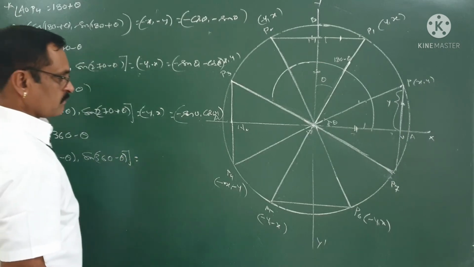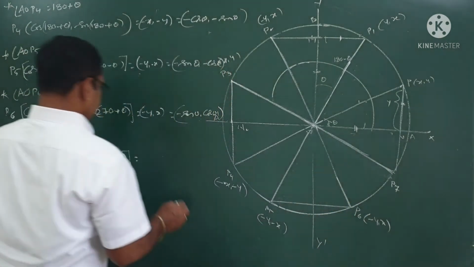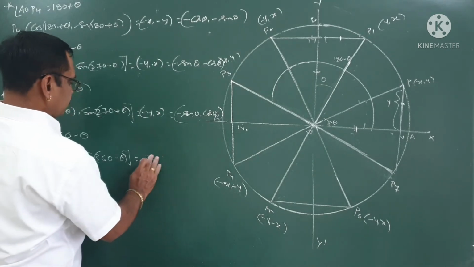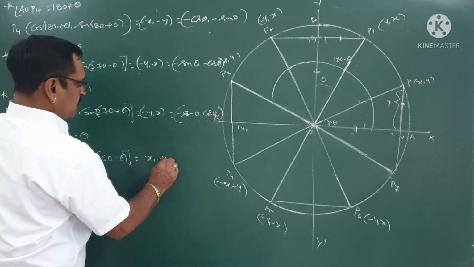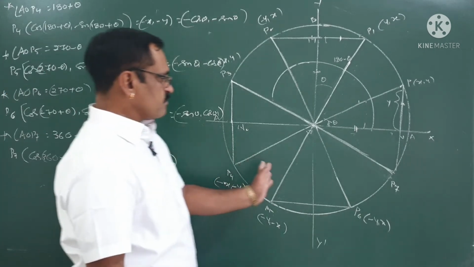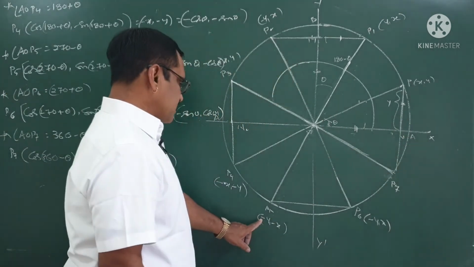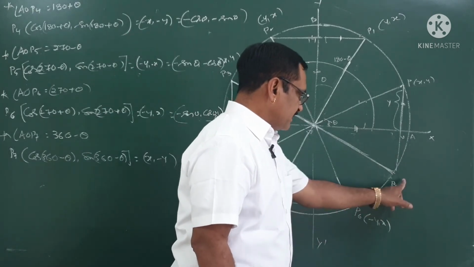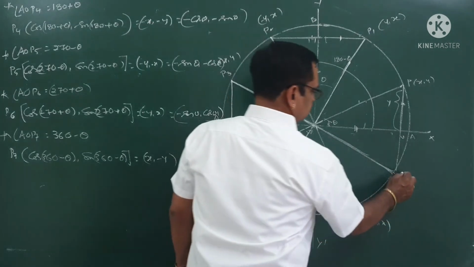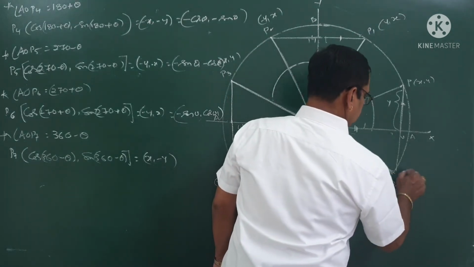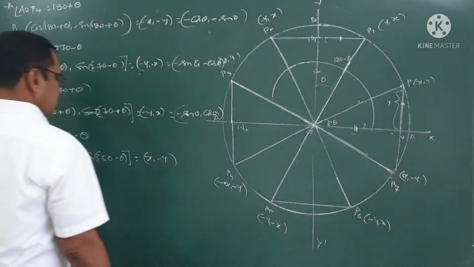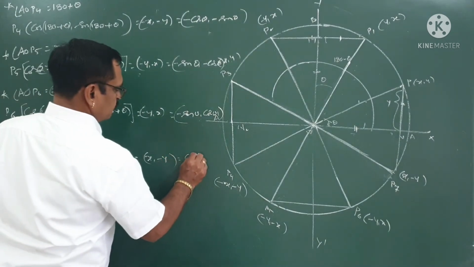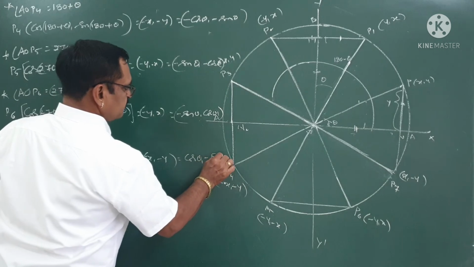This will become plus x comma minus y, because minus y comma x will become x comma minus y. So here x is cos of 360 minus theta, which is cos theta, and y is minus sin theta.